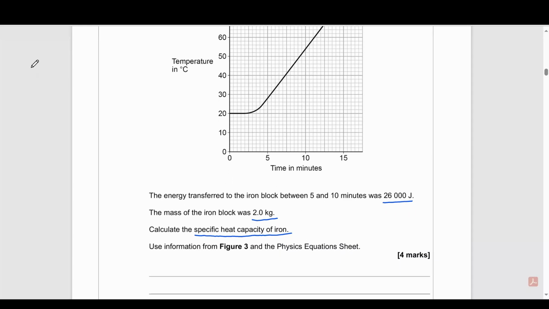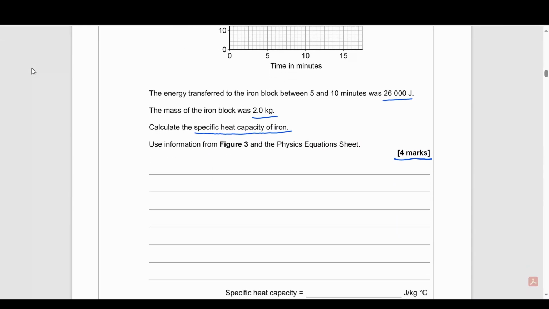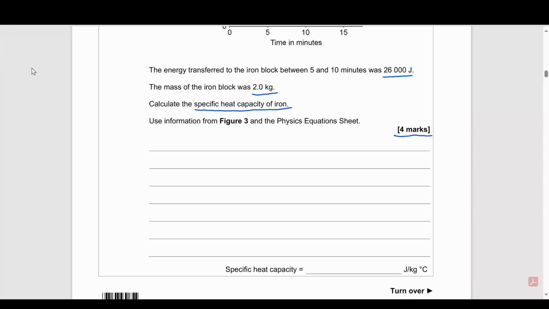4 marks. So we have to be looking at our physics equation sheet and identifying the equation that involves specific heat capacity. So that equation would be the energy would be equal to mass multiplied by the specific heat capacity multiplied by the temperature change. So looking at the question now again, what values are given to us?